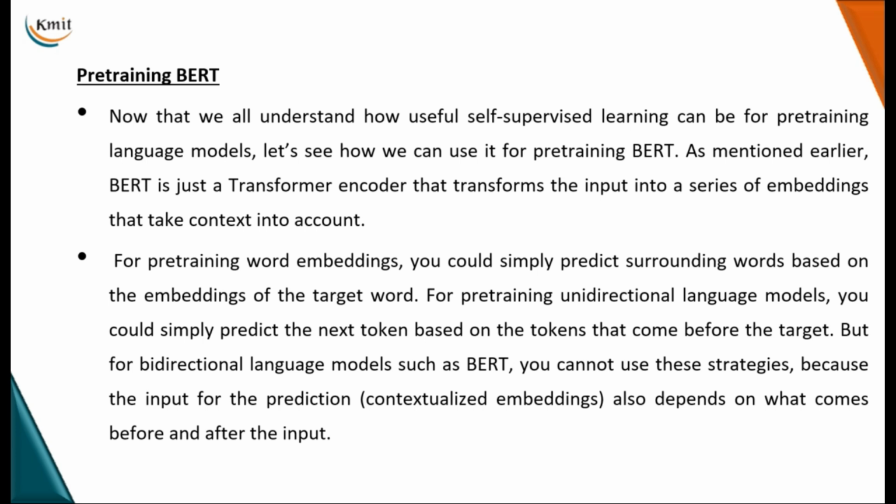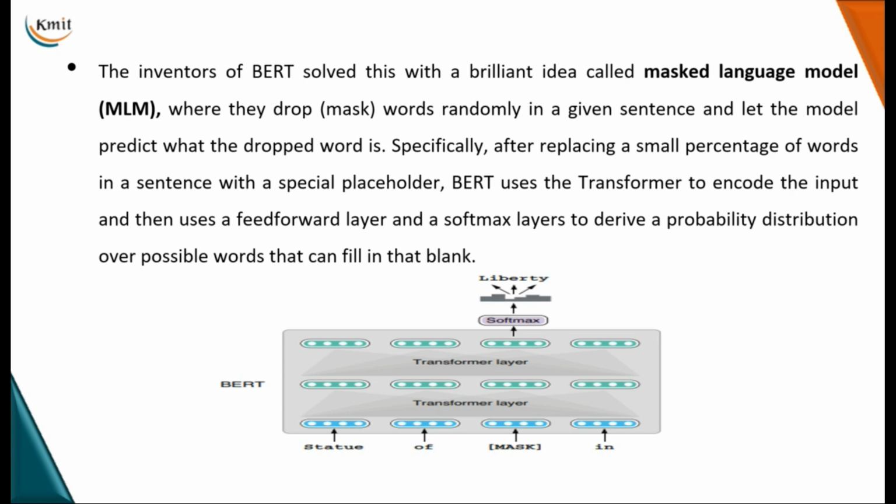For pre-training word embeddings, which are the essential components, we simply predict the surrounding words based on the target embeddings. For pre-training unidirectional language models, we can predict the next token based on the tokens that come before the target. But for bidirectional models like BERT, we cannot use these strategies, because the input for the prediction, that is the contextualized embeddings, also depends on what comes before and after.